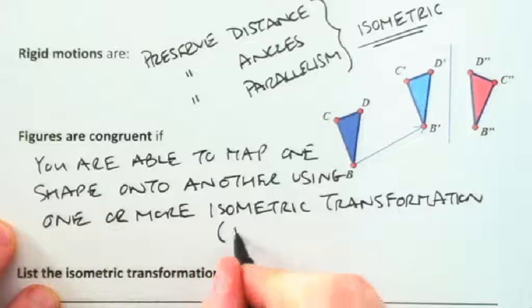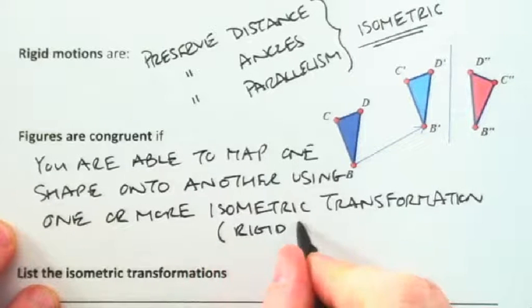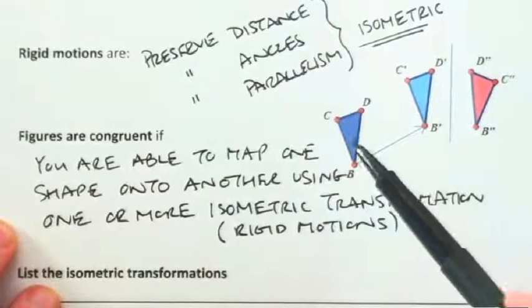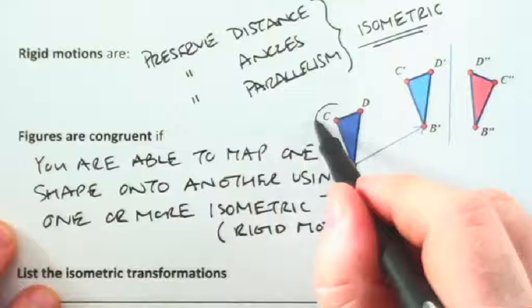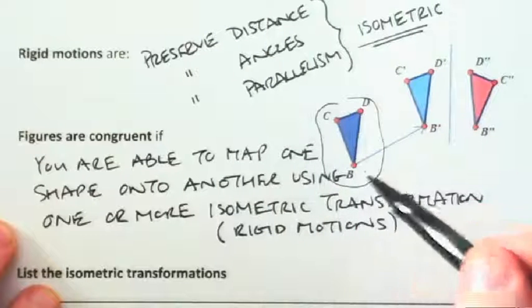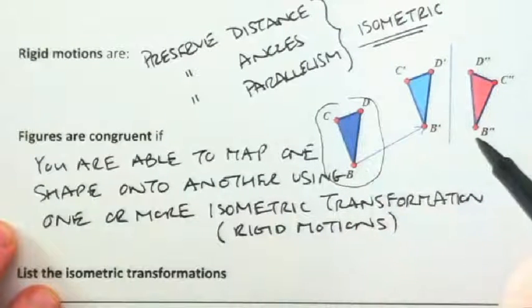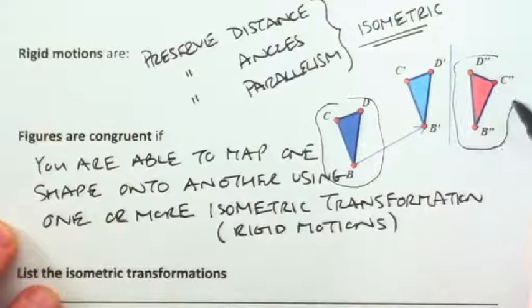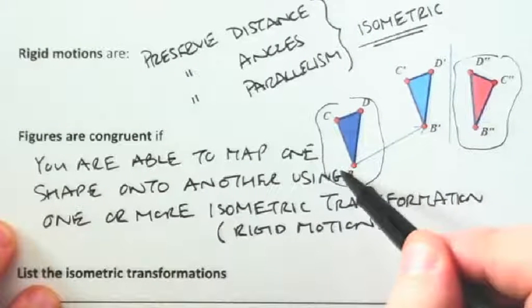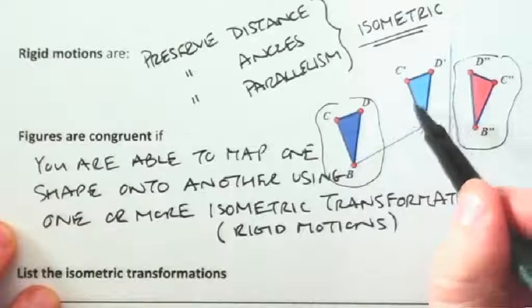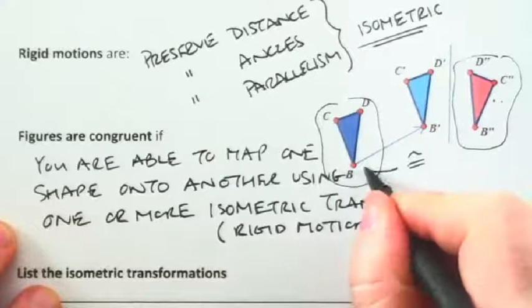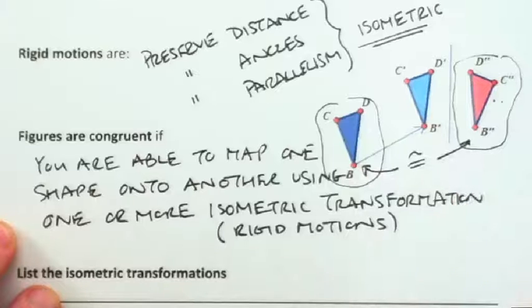Or here we could have put rigid motions. So what it means is that if I can take a shape, say this one, and using a group of transformations, isometric ones, I can land it on another shape, they have to be congruent. In other words, if I can translate to here and then reflect it onto this one, these two shapes, this one over here and this one over here, must be congruent.